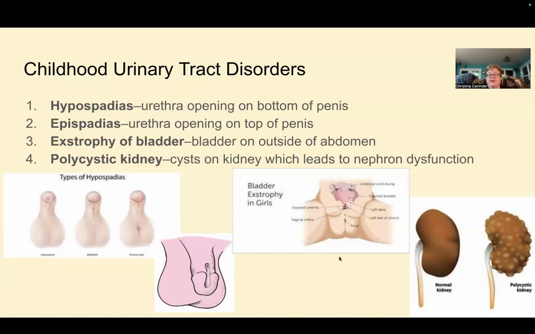Exstrophy of the bladder is where you are born with the bladder on the outside of your body. I've only seen that once back in the day because people didn't get ultrasounds like they do today. So we saw a lot of things, but the exstrophy of the bladder that I saw, the bladder wasn't fully formed. So it almost looked like a shell. It was like half and had all these rugae.